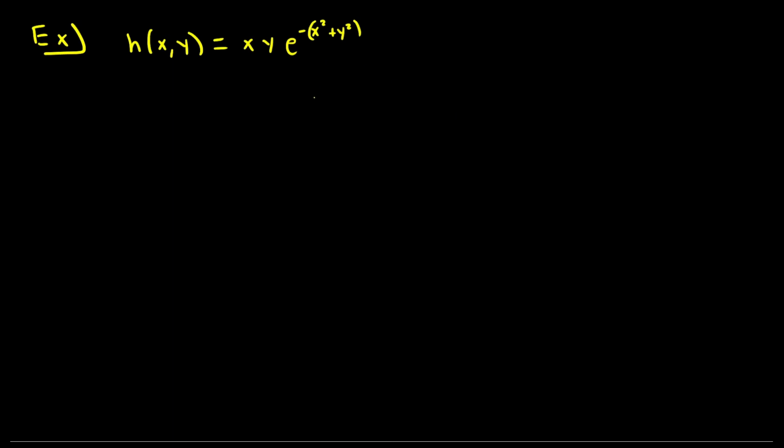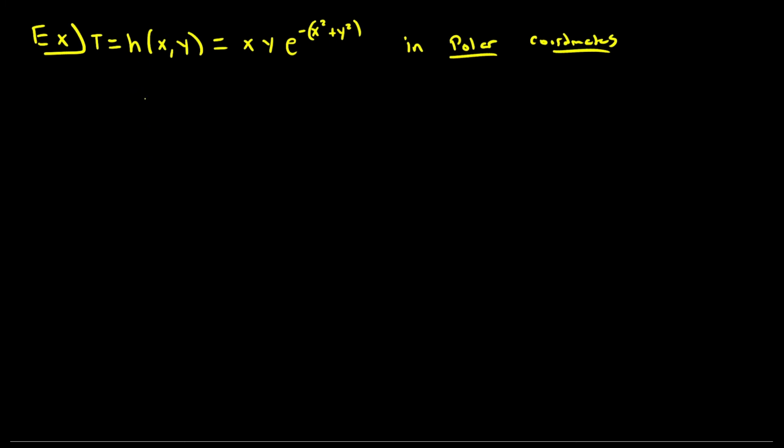Let's look at the function x times y times e to the negative x squared plus y squared in polar coordinates. And I'll just use the example of temperature. You can use really any physical example that you like to think of this in applications.